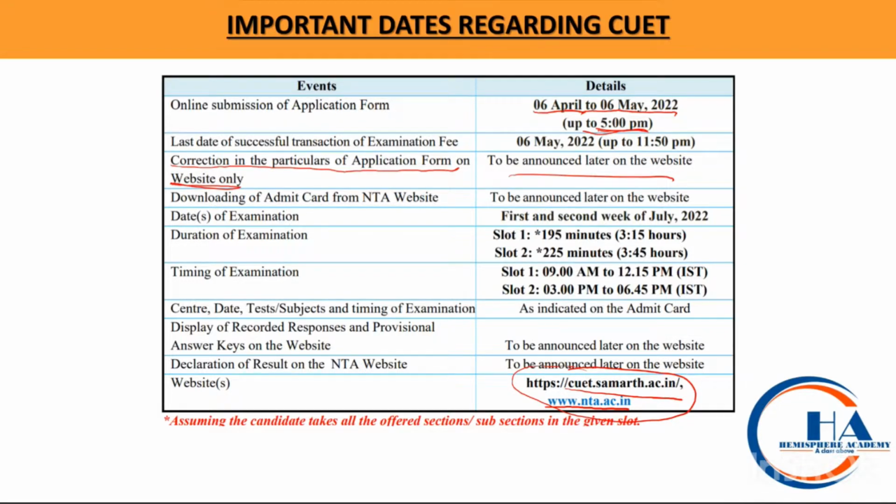Okay, the timing of the examination, slot 1 will be from 9 a.m. to 12:15 p.m. according to the Indian Standard Time, and slot 2 3 p.m. to 6:45 p.m. according to the Indian Standard Time. The center, date, test and subjects will be mentioned on the admit card, which will be available later. The display of record responses later, declaration of result later. Important website I have already told you.